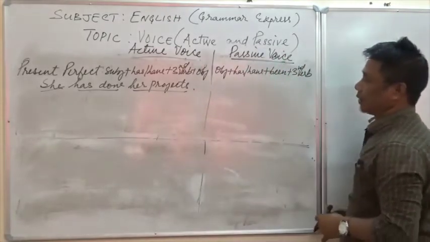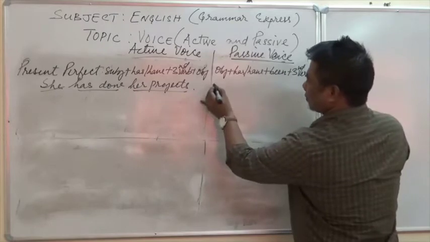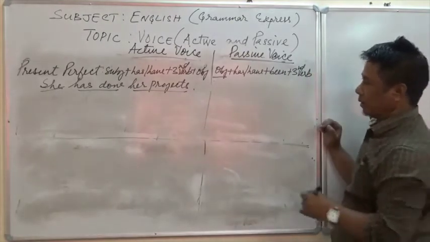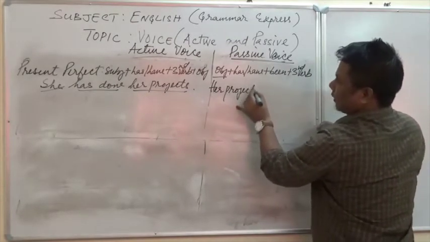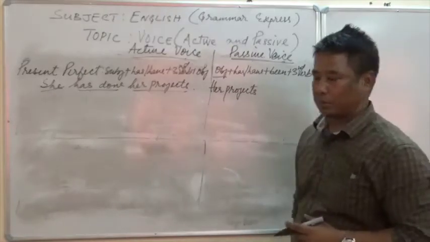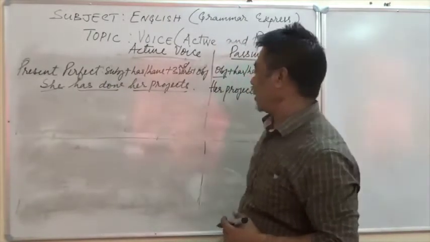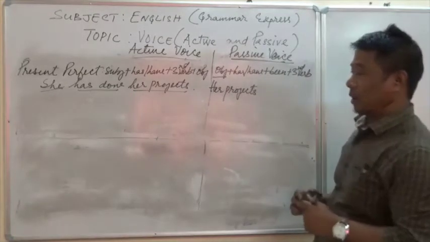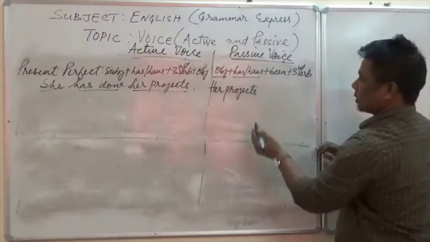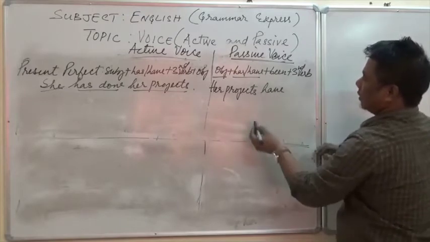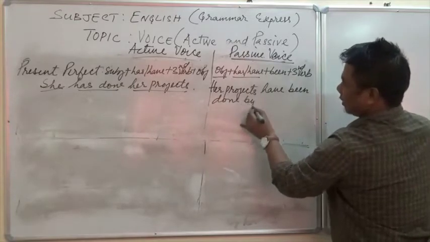We look at whether the object is singular or plural. Projects is plural, so we use have. Her projects have been done by her.